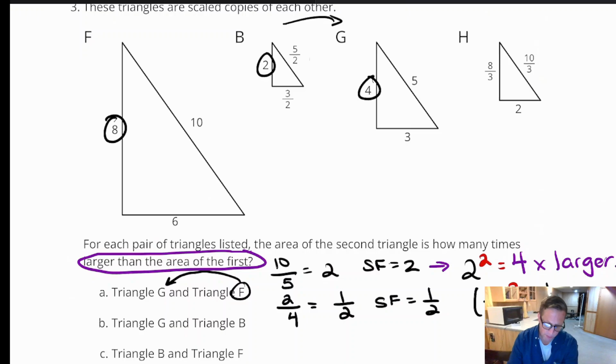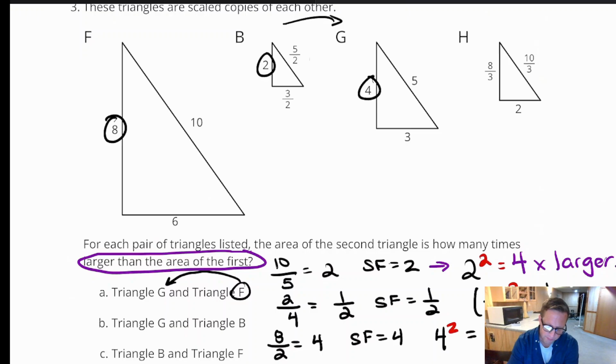You've got 2 to 8. So I'm going to do 8 divided by 2, which is easy. That gives you 4. So your scale factor is 4. And so then your area is going to be 4 to the second power times bigger, which is 4 times 4. Not 4 plus 4, it's 4 times 4, which is 16 times. So the area of that one is 16 times bigger.